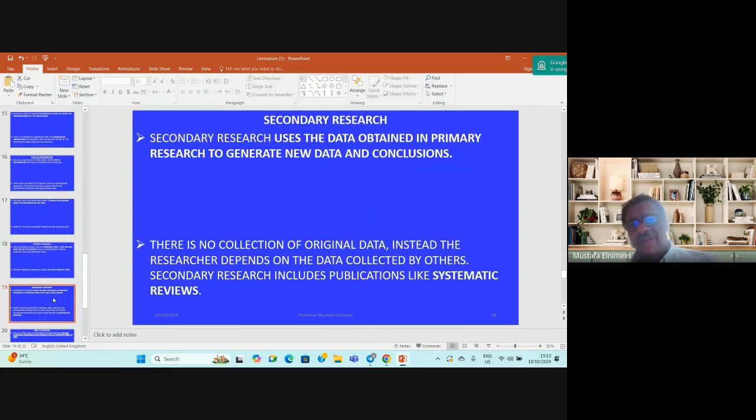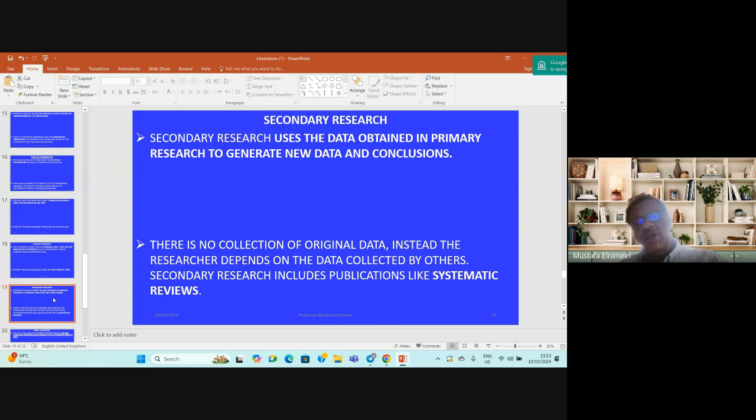The other term is secondary research. And here the investigator uses data that had been published primarily by other investigators or by other researchers, and then he or she develops a new conclusion from that data. And there is no collection of the original data.